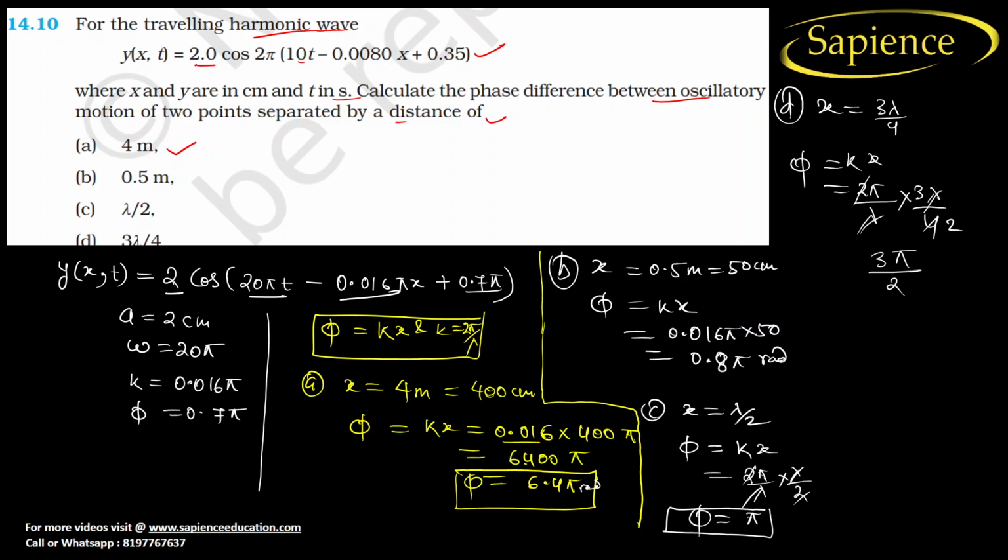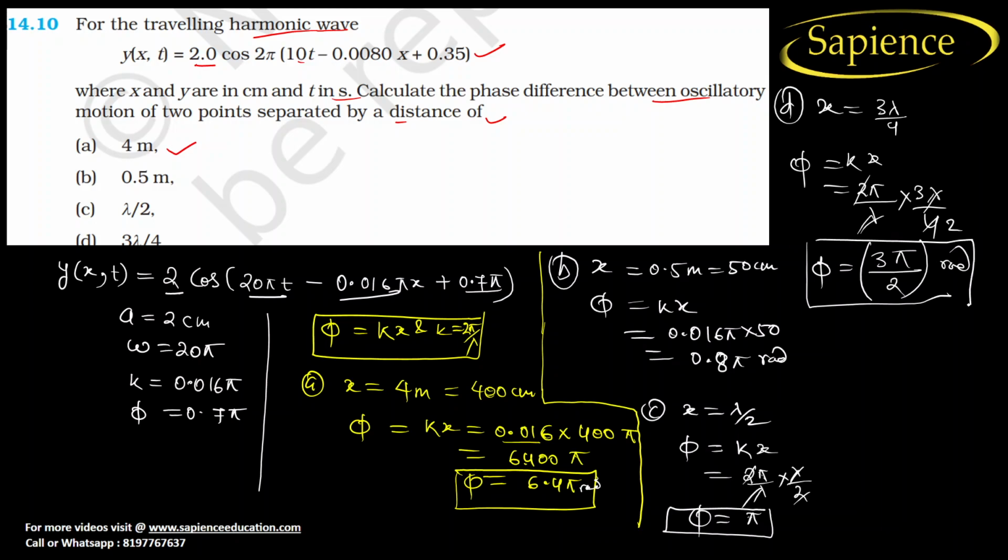So 3 lambda by 4. So the answer for this question will be 3 pi by 2 radian. Okay, so this is our required answer.